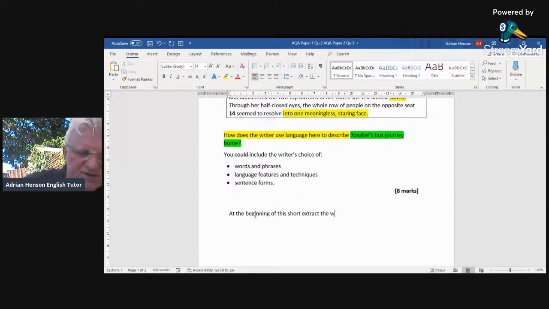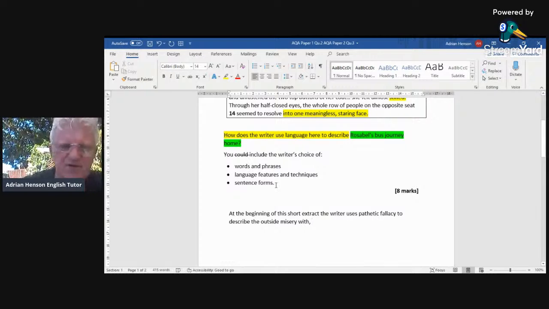The writer uses pathetic fallacy to describe the misery with, and you don't need to say the word quote.